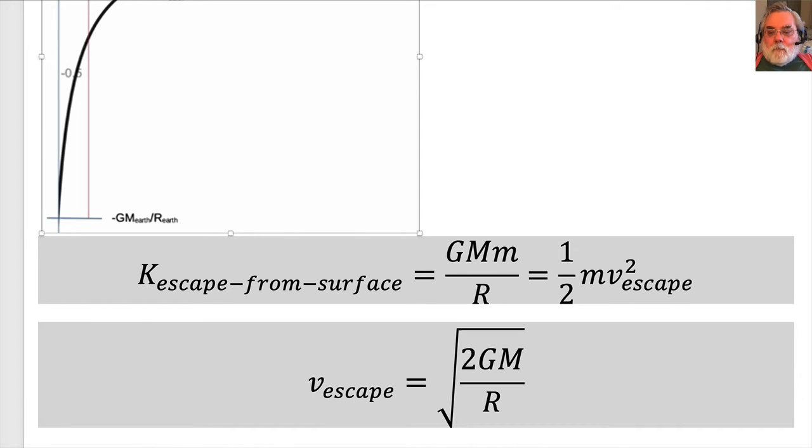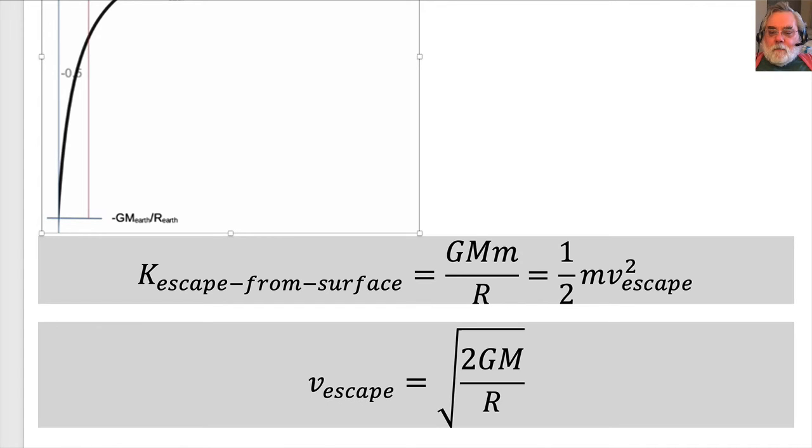This is much faster than commercial jets or military jets go and they do not escape the Earth. This is 37 millionths of the speed of light. So we don't have to worry about special relativity here.